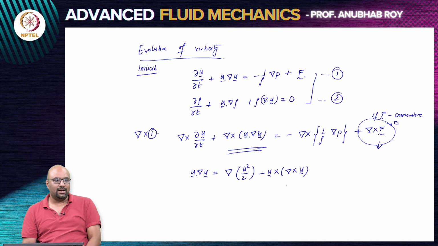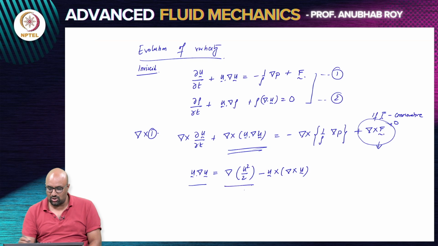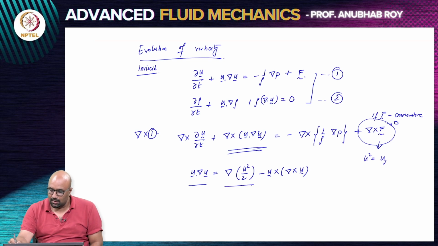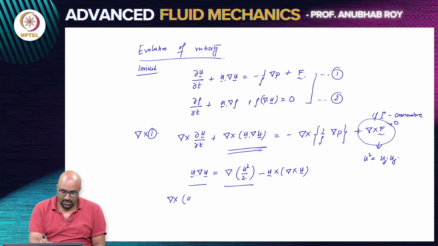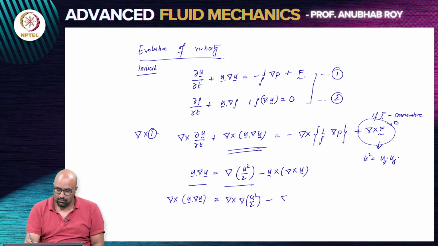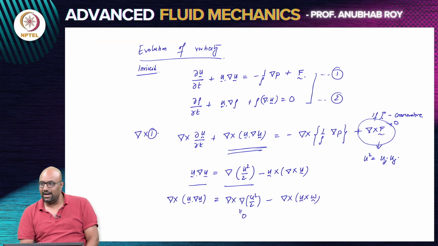You can verify these identities by expanding them using index notation, that u dot del u can be written as gradient of u square by 2 minus u cross del cross u. U square is uj uj. Now, when you take a curl of this, what will happen to the first term? This should be 0. Curl of a gradient is always 0.